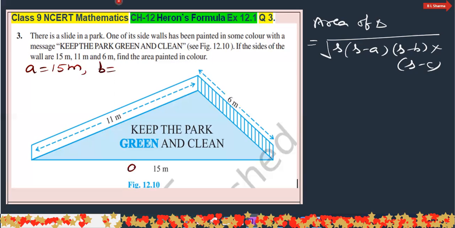B is equal to 11 meter. And the third side C is 6 meter.